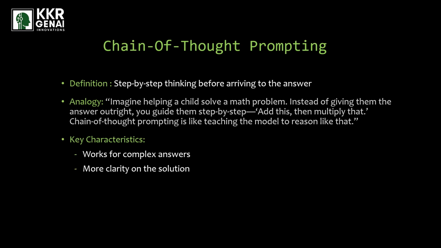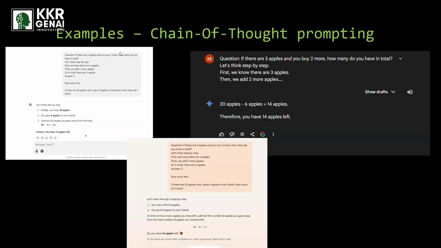Because in chain of thought prompting we can provide instructions step by step, so that it will understand one step after the other, and provide us the results according to how we need it. So these are the examples: if there are three apples and you buy two more, how many do you have in total?